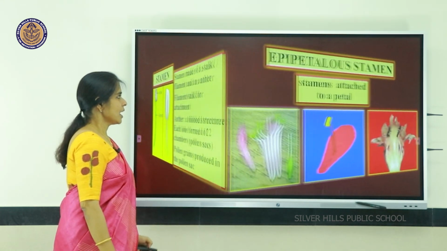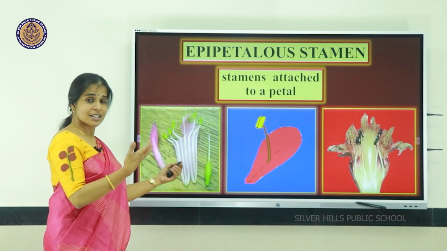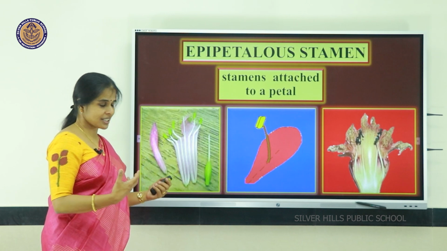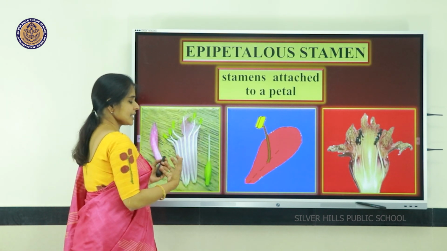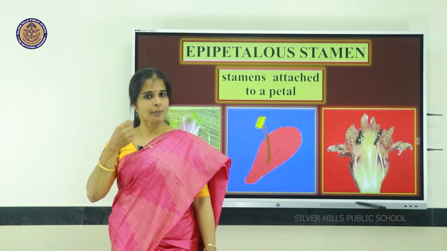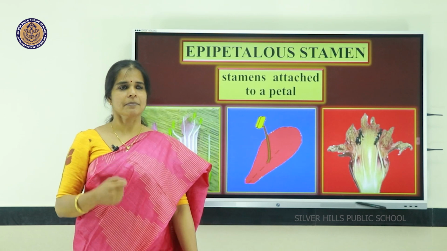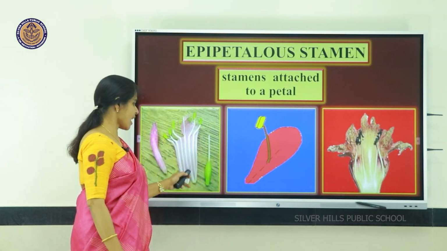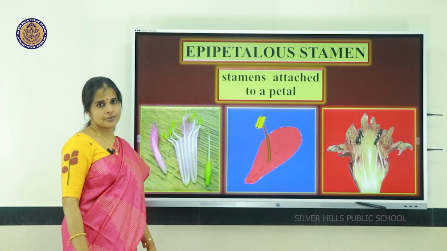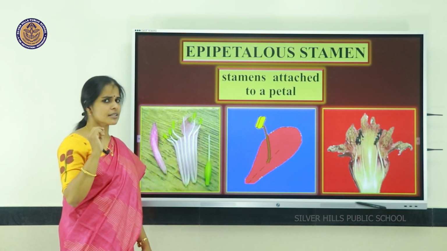Now, we have to learn a few more things about the stamen. How is the stamen attached, where do we find the stamen? In a flower, like any other floral part, the stamen normally originates from the thalamus. But in some cases, the stamens are attached to a petal. That is only in certain cases.